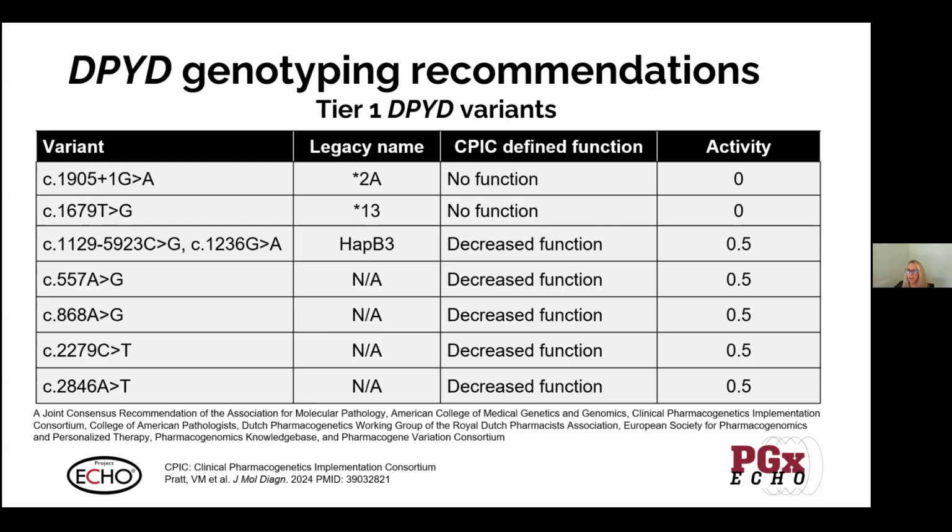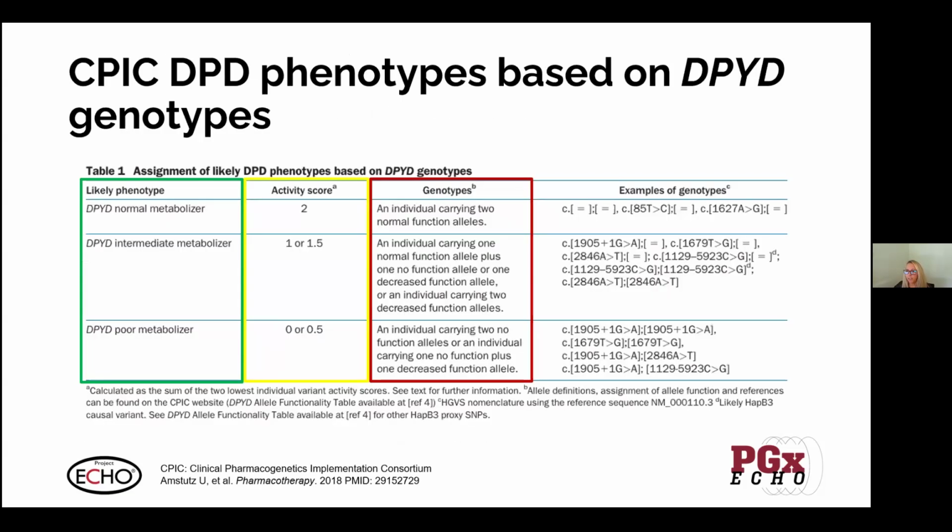Individuals typically have 2 copies of the DPYD gene, 1 copy from each parent. These 2 copies create the genotype, which is then used to predict the phenotype, or the DPYD metabolizer status. This is a table from the Clinical Pharmacogenetics Implementation Consortium DPYD guideline.